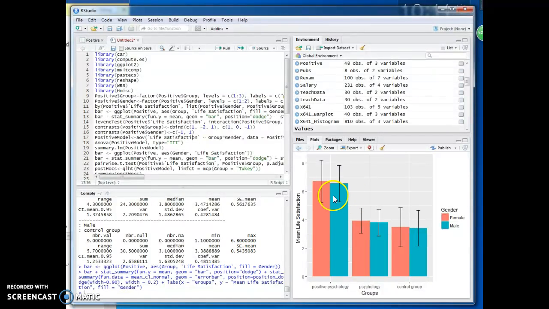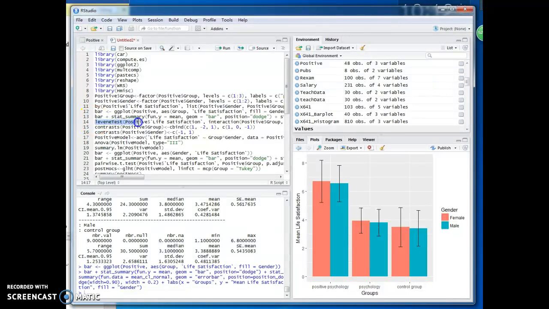We can also see the difference between female and male. As we can see, there is no difference between females and males in the three conditions.